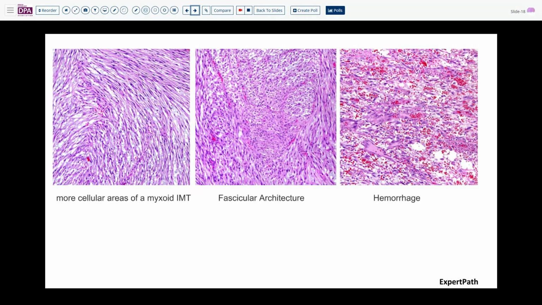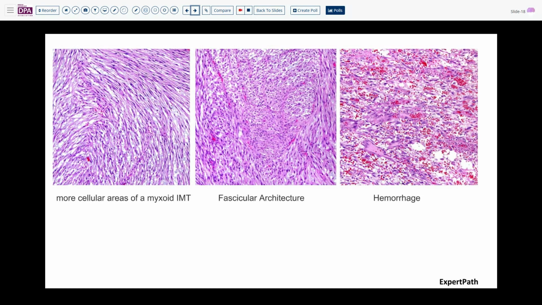Then here it shows this bluish myxoid background for this spindle cell proliferation, and then they also can form this fascicular growth. So the spindle cell, one end connects to the other end, forming something like cars on a highway. So this is a fascicular growth pattern. Of course, they have this hemorrhage.